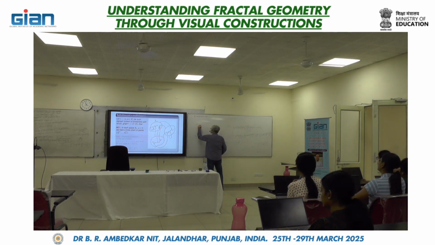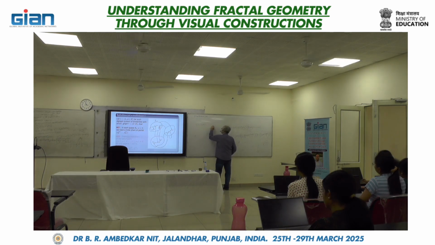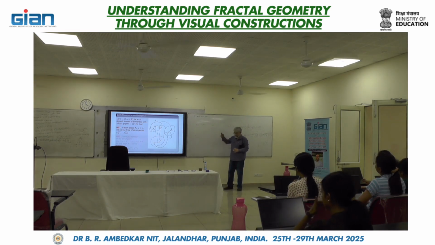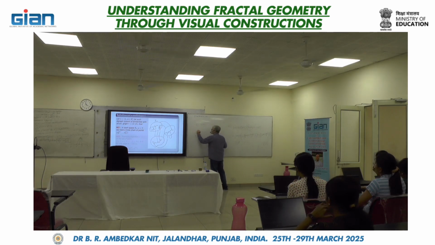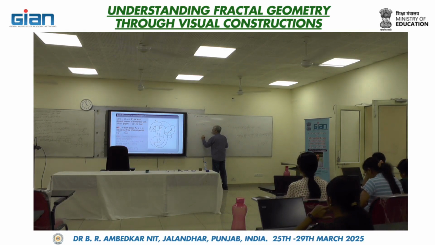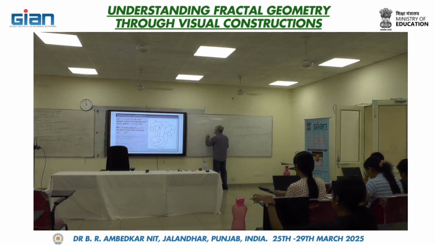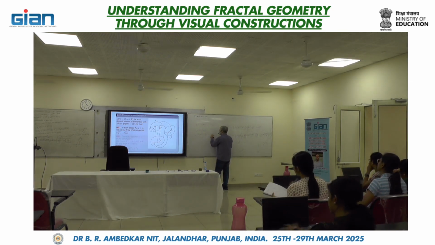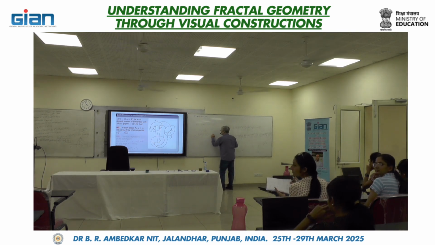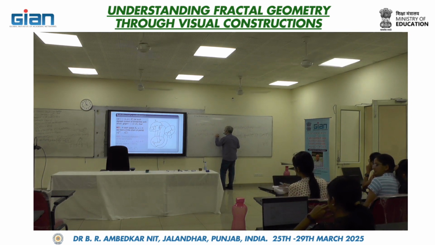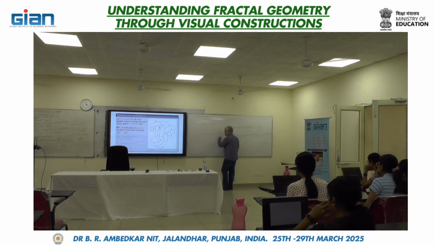So, if K is S1 of K union ... union Sm of K, the system satisfies the open set condition if there is an open set O that contains the union of Si of O, and if Si of O intersection Sj of O is empty if i is not equal to j.